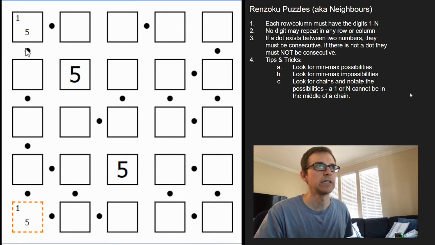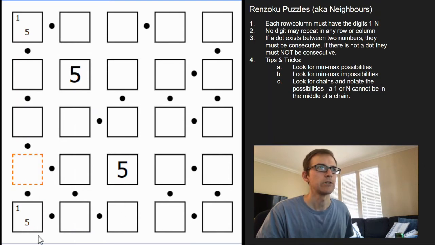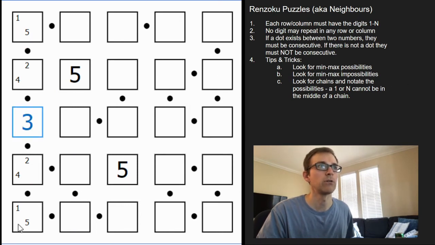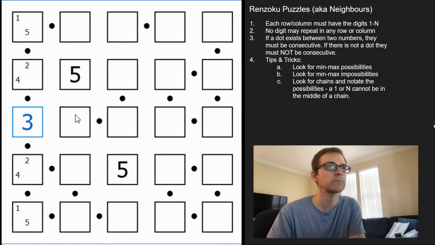They have to be on each end. And then this is going to be a 4 or 2, and this is going to be a 2 or a 4, and then the middle one has to be a 3. Either which way you go about it, that's going to be a 3.